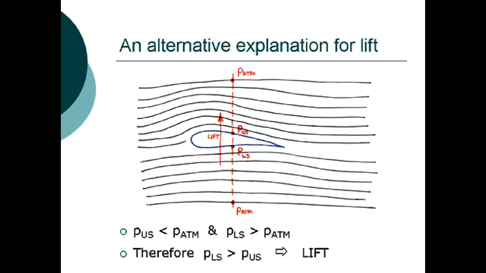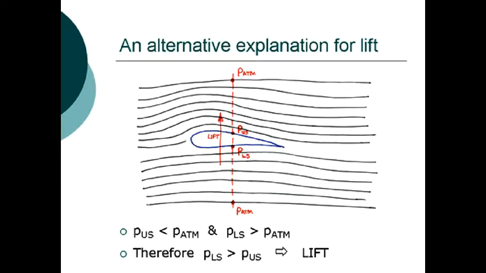So the pressure here is a little bit higher than there. Then we keep going across the next streamline, and the pressure is higher still. And so on until we reach the lower surface. And we've now seen that because we've crossed curved streamlines, the pressure on the lower surface must be larger than atmospheric pressure.